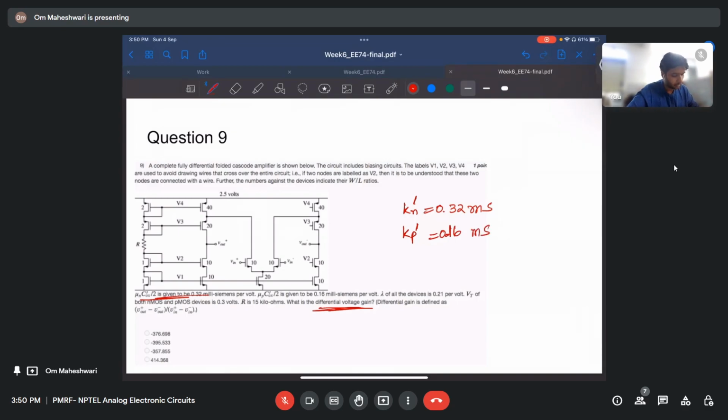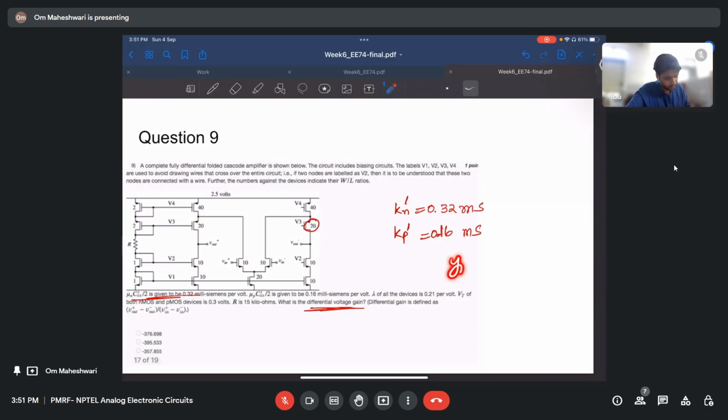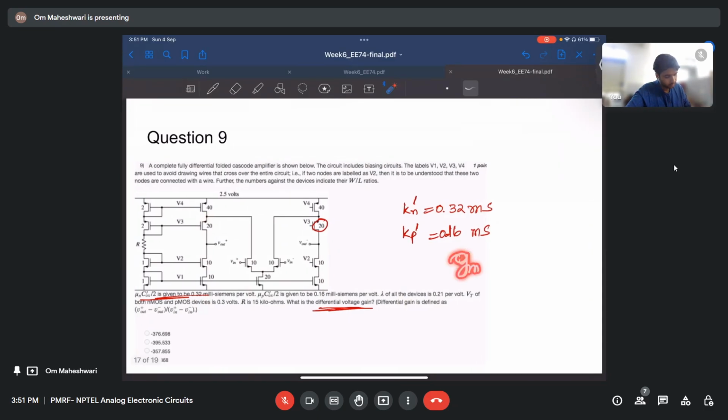So Kp is just half of Kn. So if you see all these transistors, this PMOS, and all the NMOS with 10, they will have the same gm values, right?